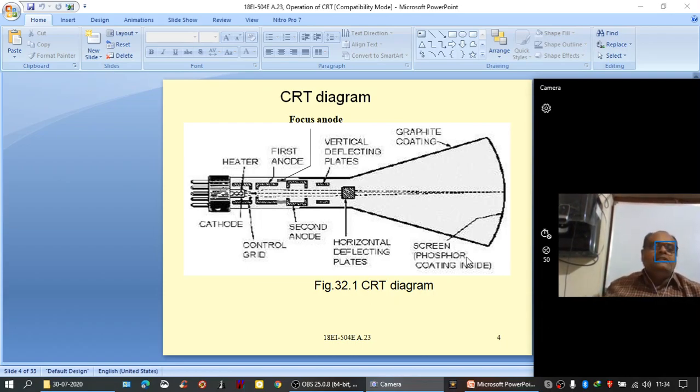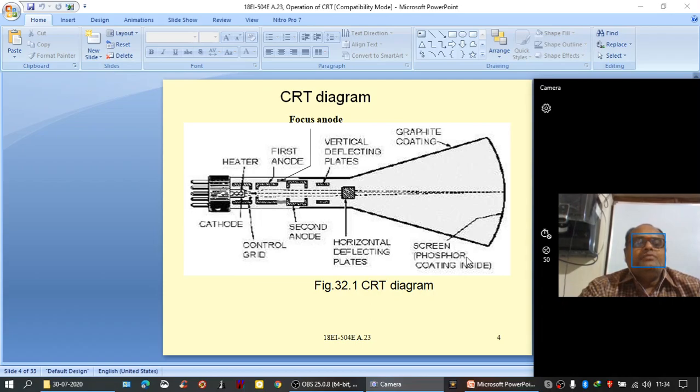And the luminous spot will have some persistence time. That means it is the time for which the illuminated light will continue to be present even in the absence of the electron beam.